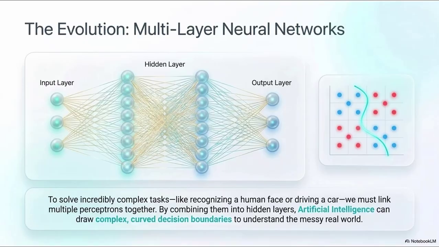To solve incredibly complex tasks like recognizing a human face or driving a car, we must link multiple perceptrons together. By combining them into hidden layers, artificial intelligence can draw complex or curved decision boundaries to understand the messy real world. Here we are using a multi-layer neural network where hidden layers are more.